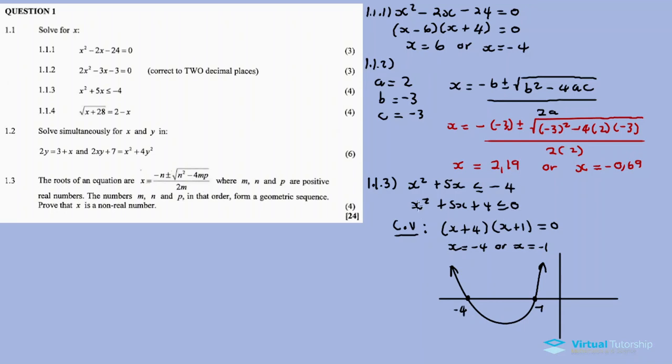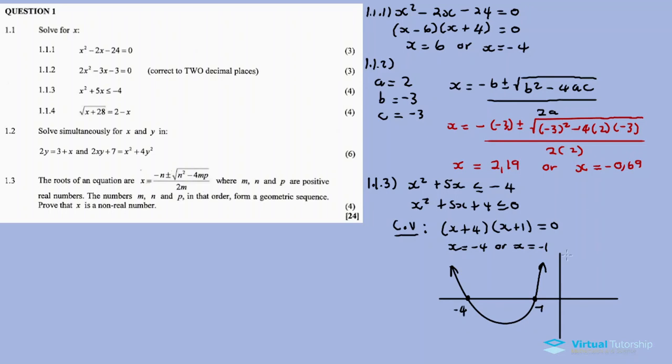Now look back at the original equation in standard form: x squared plus 5x plus 4 less than or equal to 0.